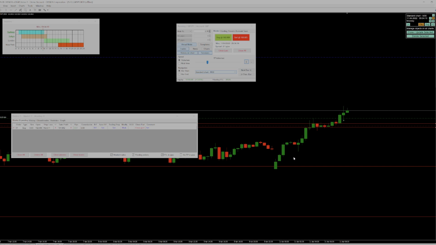But we've been doing all this ranging for such a long time. I mean, we have no bottom wick, so that means there's a good amount of bullish momentum. If we break this high, I mean, we just keep rolling.